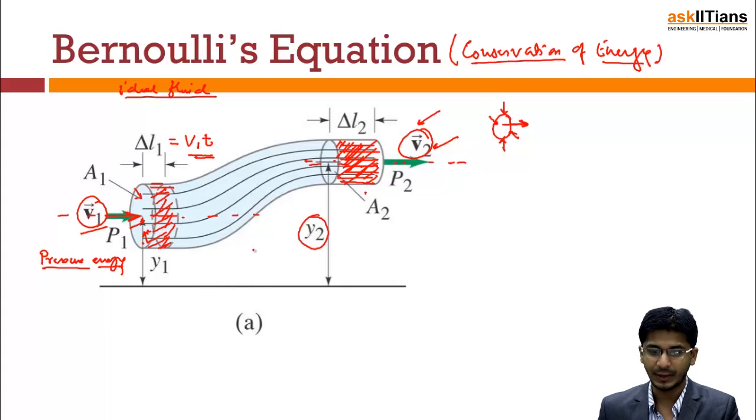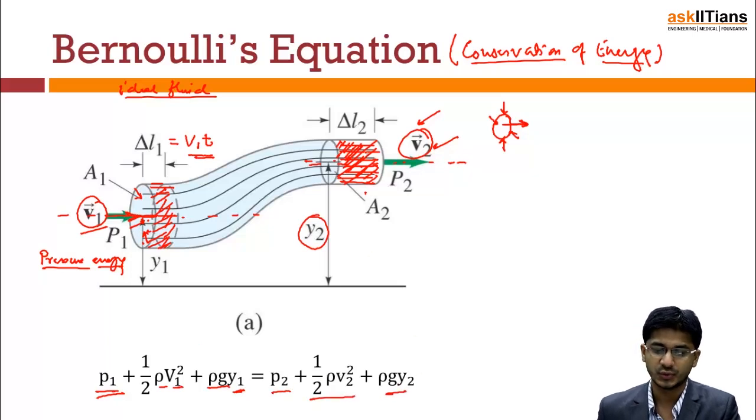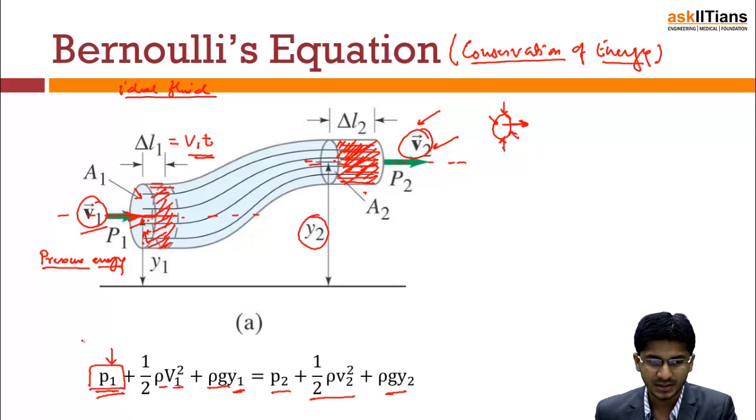That means if you apply the conservation of energy here and here and balance it, we get this equation: P1 plus half rho V1 squared plus rho g Y1, where V1 is the velocity at this point and Y1 is the height of this element, is equal to P2 plus half rho V2 squared plus rho g Y2, with all the corresponding terms at these places.